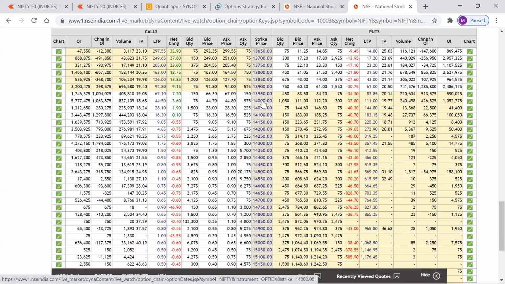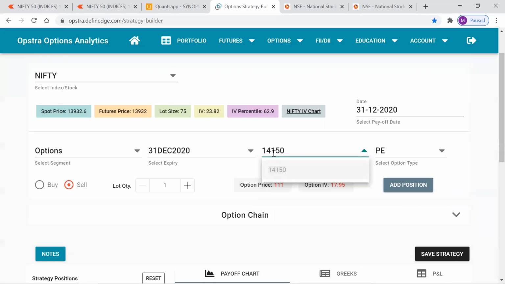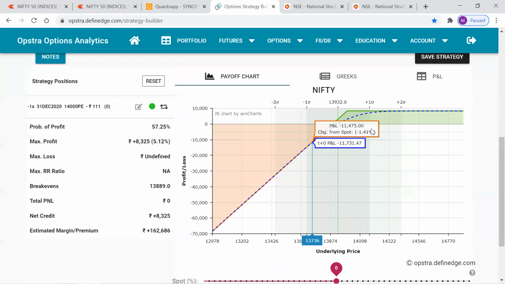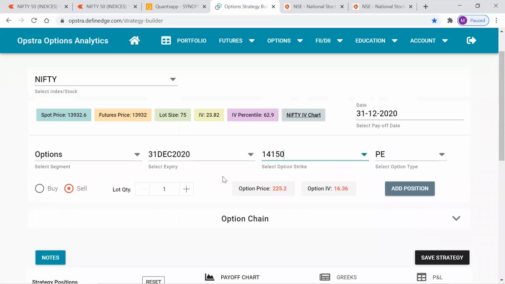If you are estimating that Nifty will cross 14,150 before 31st of December, yes, you can do the same. Just go and type in 14,150 here. If you're bullish, you can buy call or sell put, look at your payoff diagram and go with it.